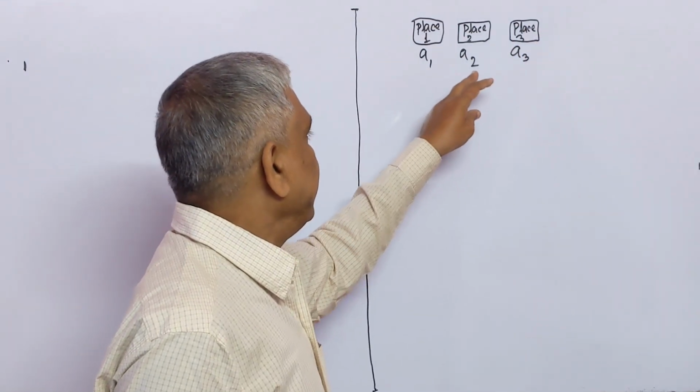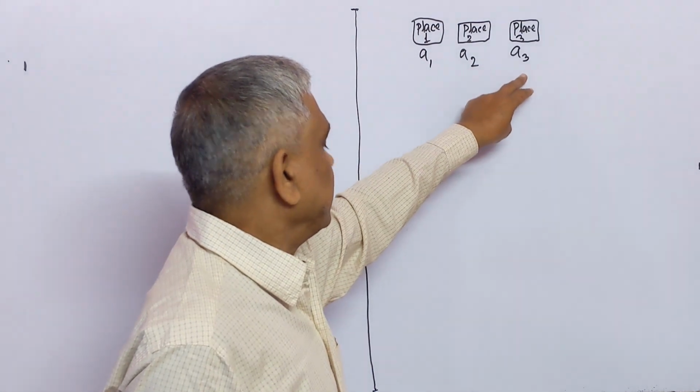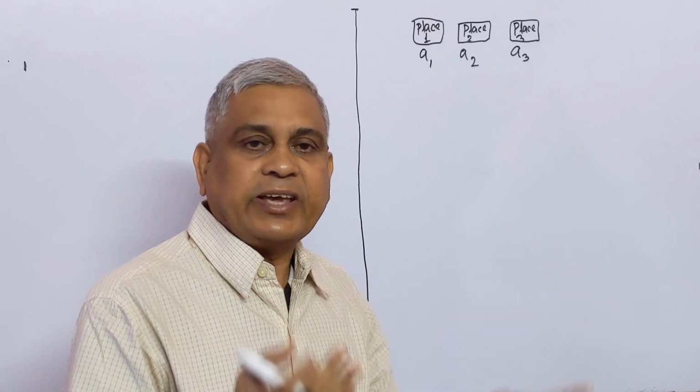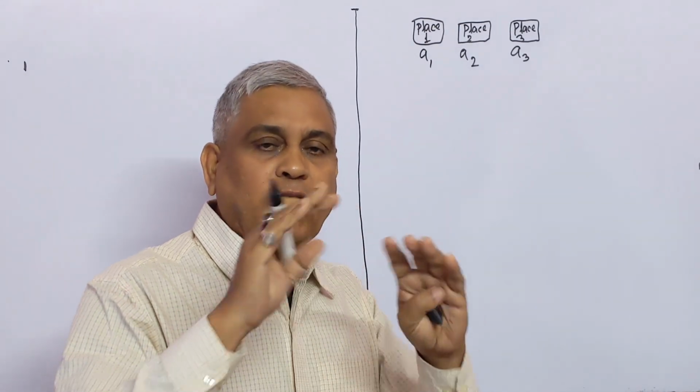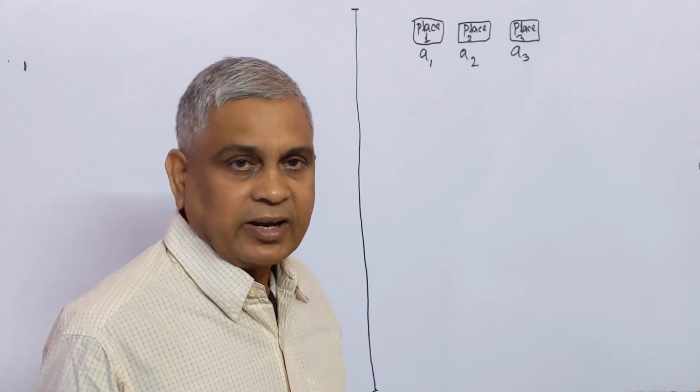We may rearrange these three objects, meaning we may mutually interchange their places. The name of this interchanging is permutation.